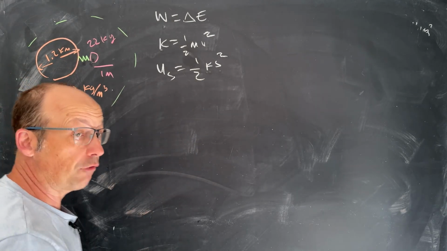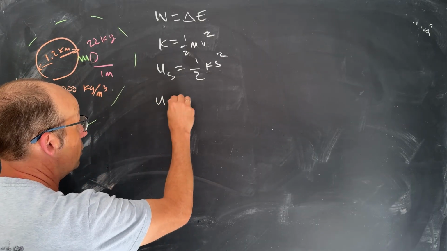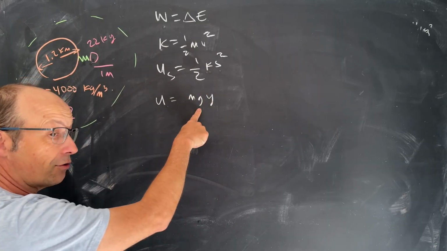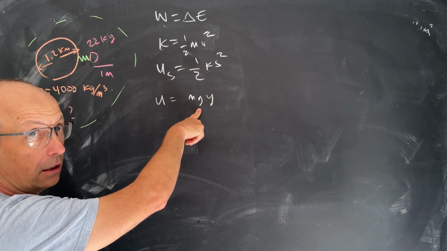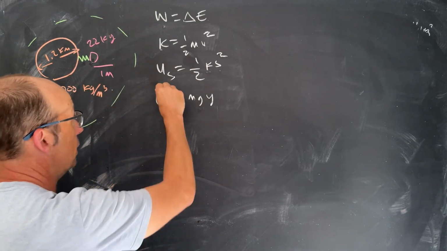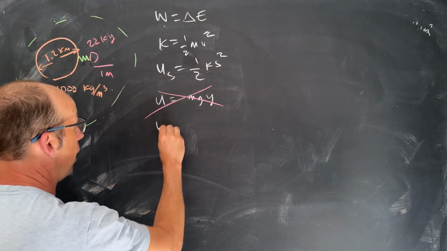And then finally, we have gravitational potential energy. So if you said, oh, gravitational potential energy, mgy, well, that's true if you know g, the gravitational field, and if the gravitational field is constant, which it is not. So we need to use the better form of gravitational potential energy.